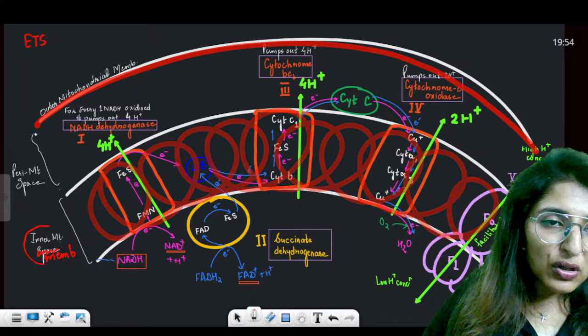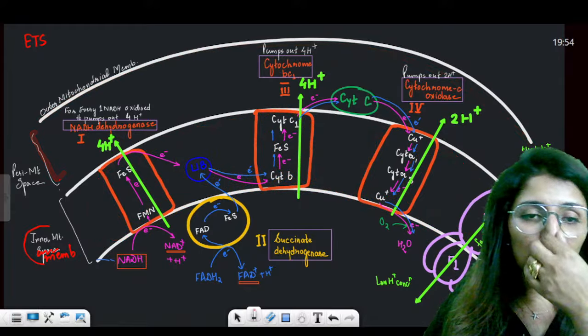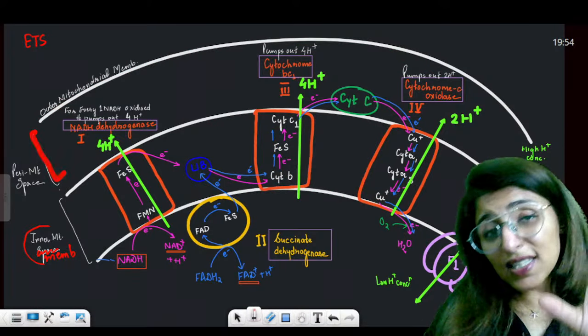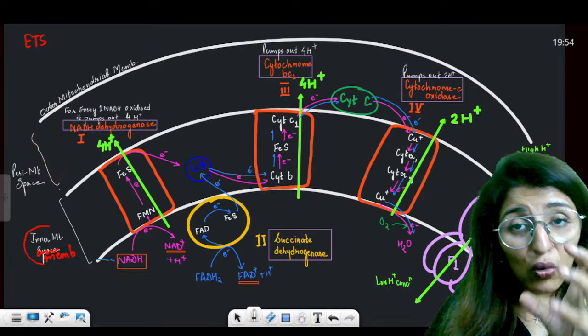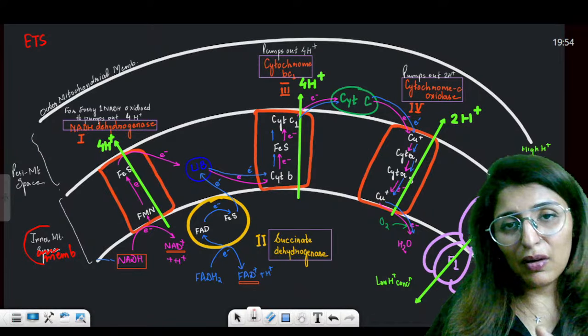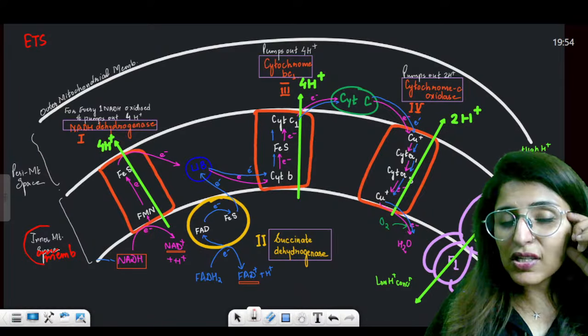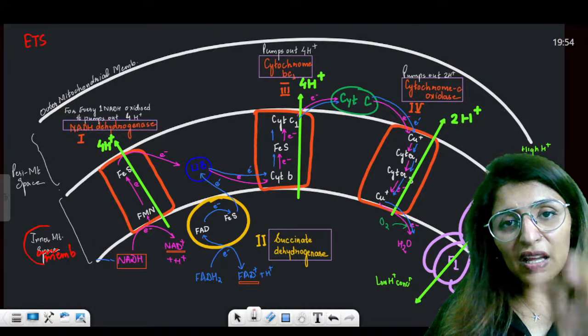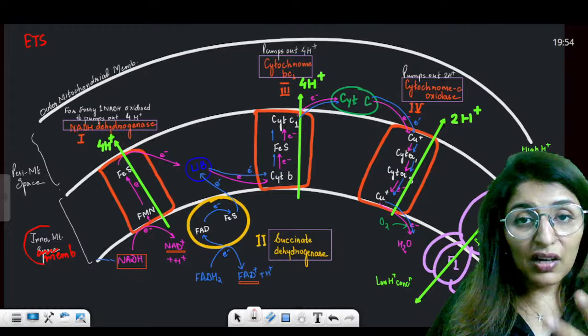Clear? And we also know that the space between the outer and the inner mitochondrial membrane is known as the perimitochondrial space. Just like I was mentioning that you must note the location of molecules in photosynthesis, the same thing you have to do here. You must note where each and every character of the drama is present.